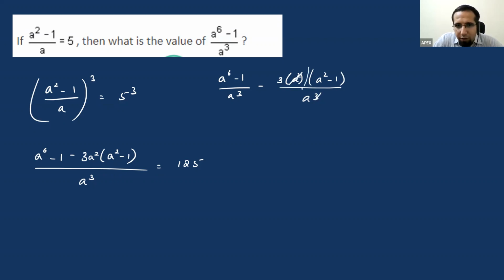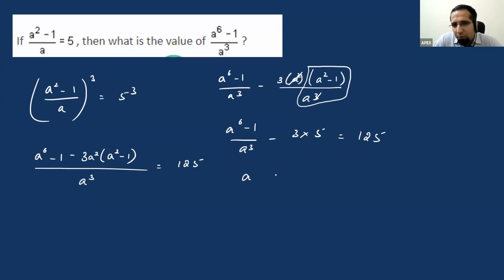So you have (a square minus 1 by a) into 3 here. So we have a to the power 6 minus 1 by a cube minus 3 into (a square minus 1 by a). We can pick up from the question, that is 5, and 5 cube is 125. So a to the power 6 minus 1 by a cube will be equal to 125 plus 15, which is equal to 140.